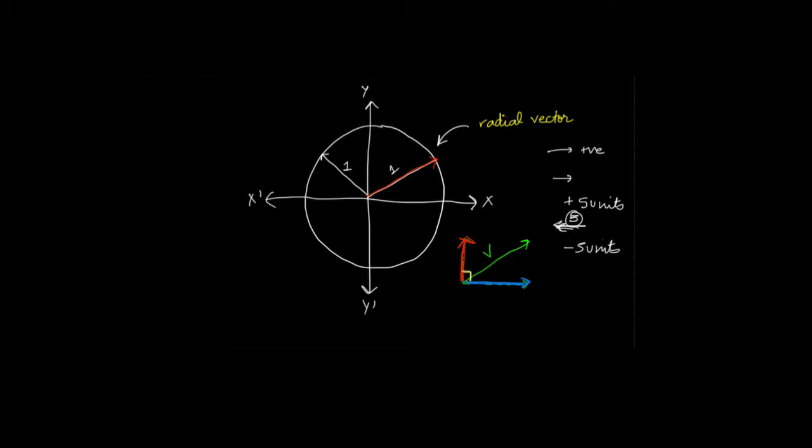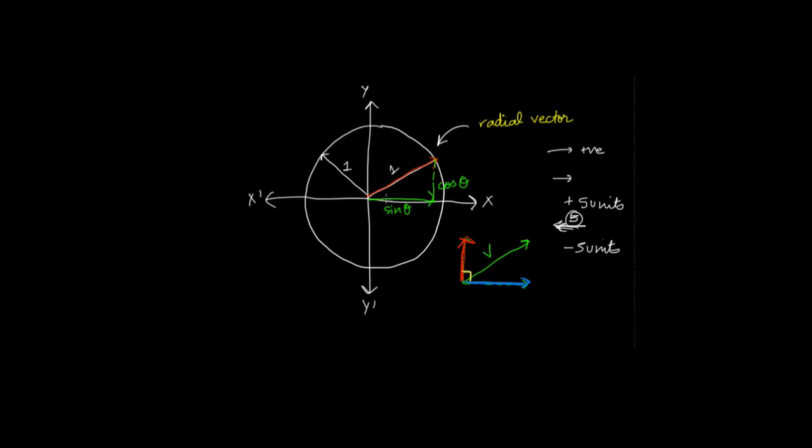So coming back, this is the exact same thing we do here. We drop a perpendicular. As we know, this is sine theta and that is cos theta. Watch my last video on trigonometric ratios, radians and unit circle if you don't understand why.